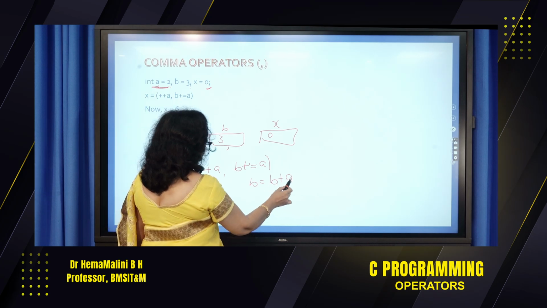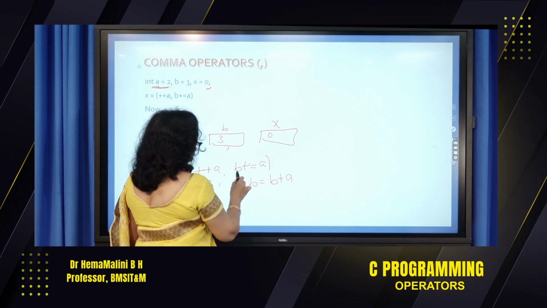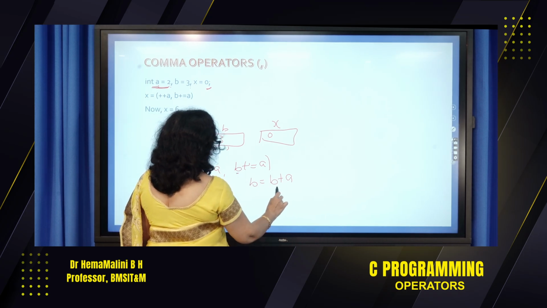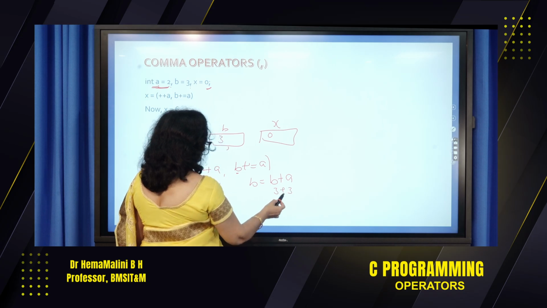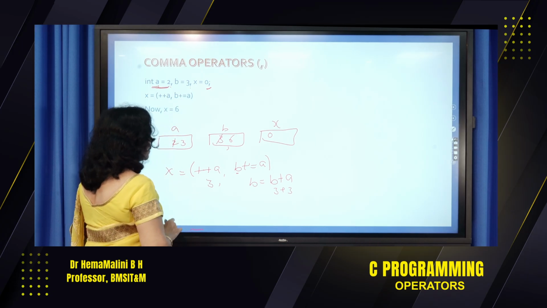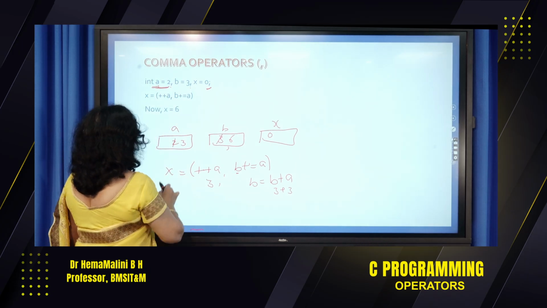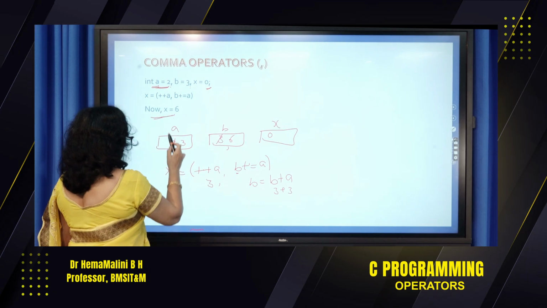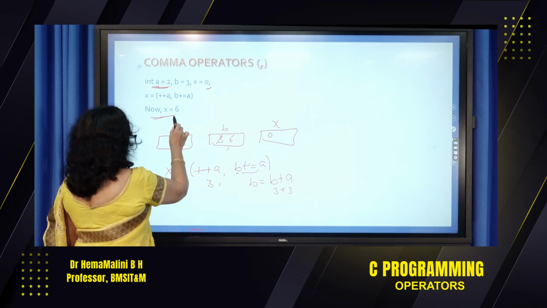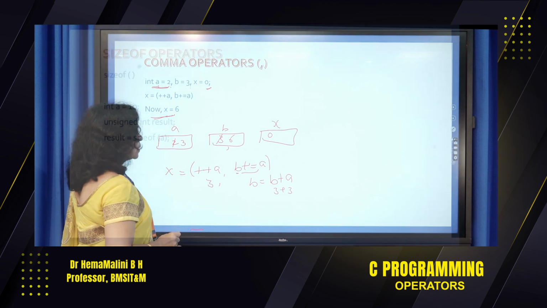So, b and a are added, and the result is stored back in b. So, b is 3, a is 3, 3 plus 3 is 6, stored in b. So, now x is going to get 6. The resultant value is x. x is going to get 6.